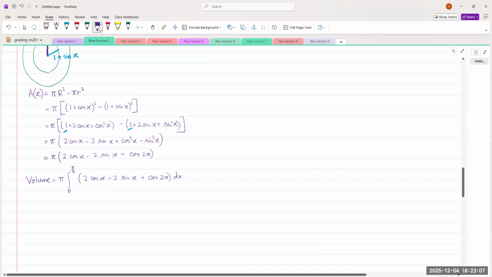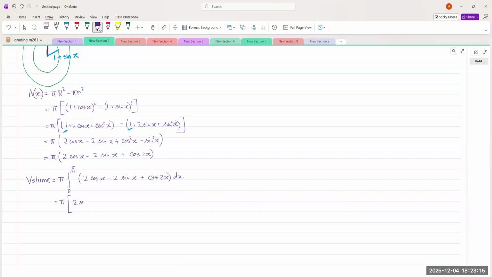So this will be pi times the integral of 2 cosine x, which is 2 sine x, the integral of negative 2 sine x, which is plus 2 cosine x, between 0 and pi over 4. The last part I need to do integration by substitution, the integral from 0 to pi over 4 of cosine of 2x dx.